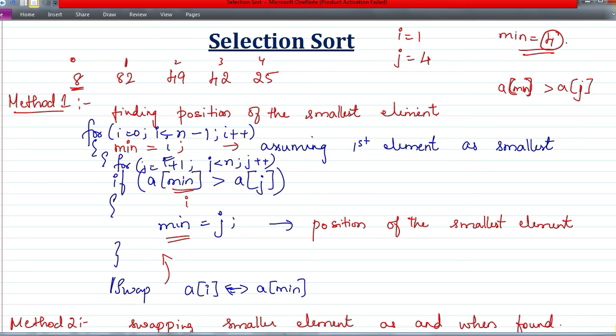At the end of the first loop, write what change happens, then take pass 2. Write down the variables and see how the values of these variables change. That way you will be able to understand exactly how the programs work. Therefore, if any change is required, you will be able to do it easily. So these are two variations of selection sort, and that's it for this particular video.